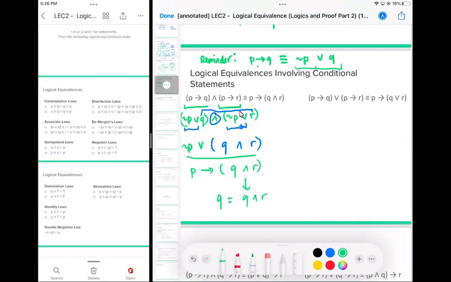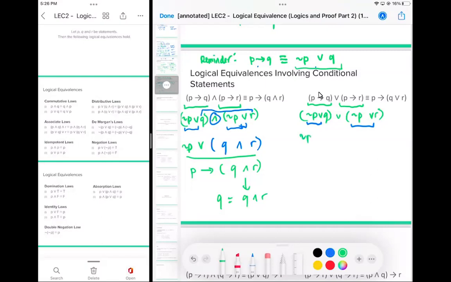Okay, now for the second example, we have P implies Q or P implies R is logically equivalent with P implies Q or R. So let us see. So we will convert this into implication forms. So we have not P or Q or not P or R. Now, similar to the other side, we are going to factor out not P or, okay, using the distributive law.